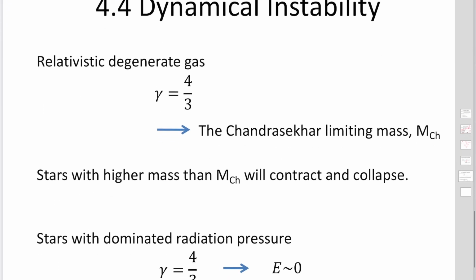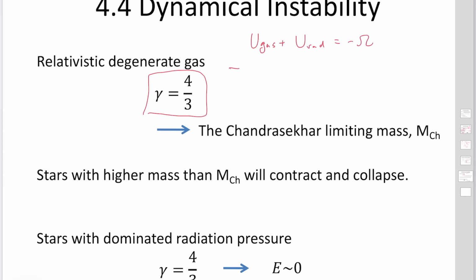Now consider dynamical instabilities. In the relativistic degenerate gas, gamma is 4 over 3. Then the star cannot satisfy the condition for dynamical stability. In the case of the relativistic degenerate gas, U gas plus U radiation is going to be minus omega.